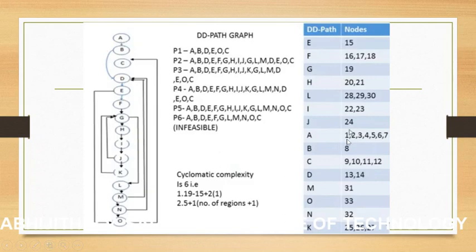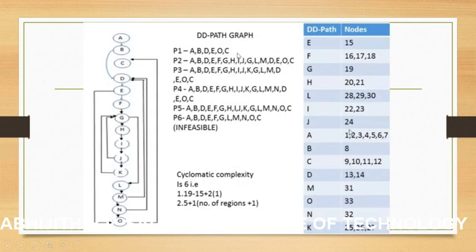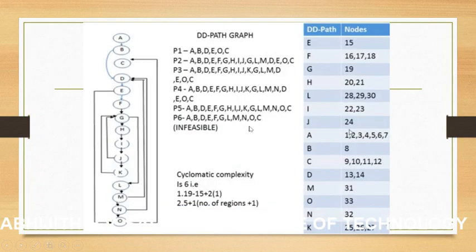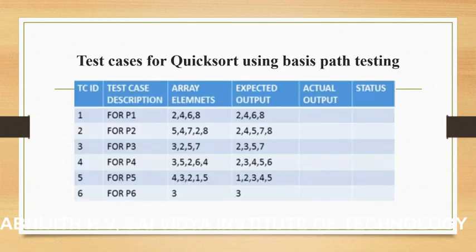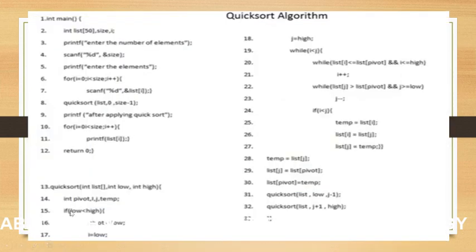Now A is constructed from this graph. Here the nodes number 1 to 7 are represented by node A. Similarly, after this we have 8. So that is your node B. And at 8, we call a function. Here we are representing the function with D, and inside the function we have 14 and 15.